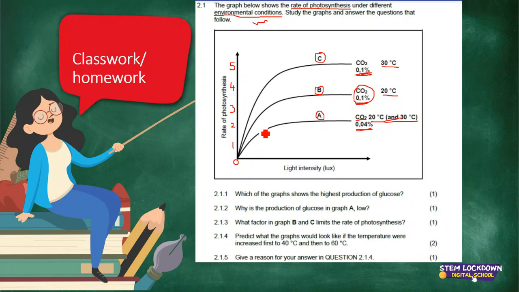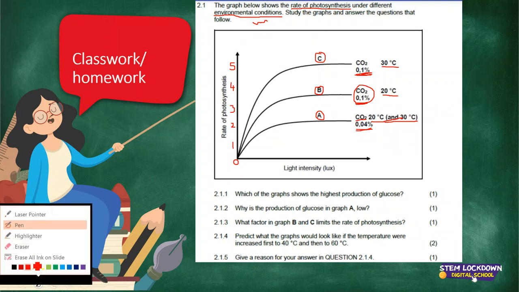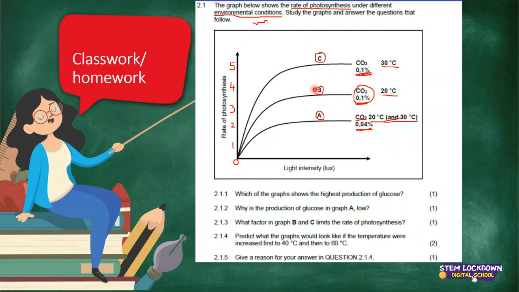Question 2.1.3, what factor in graph B and C limits the rate of photosynthesis? So guys, we're looking at graph B and C now for this question. Like I explained previously, the carbon dioxide concentration is 0.1% in both, right?